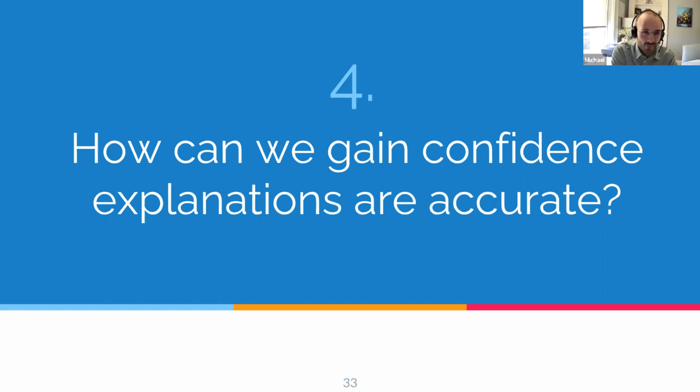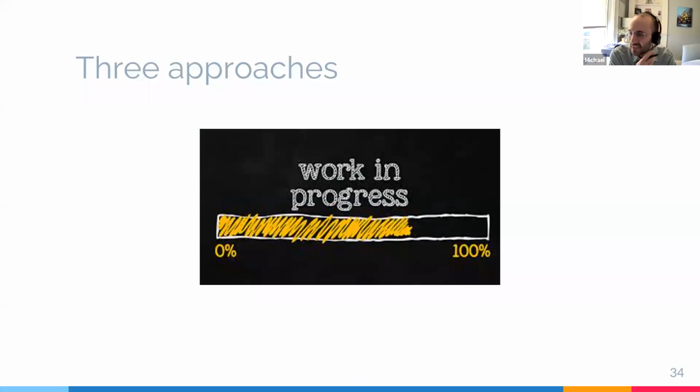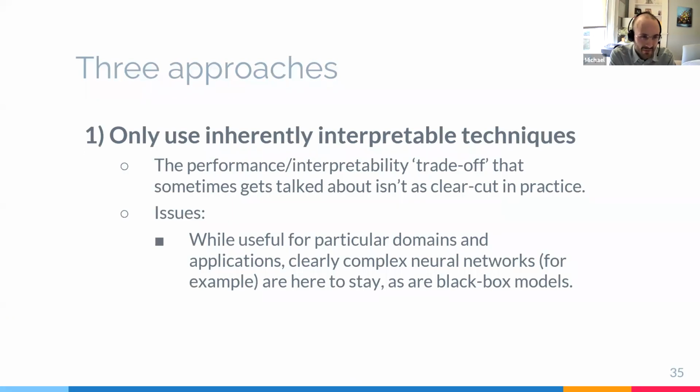This is really short because it's a work in progress. This is what I'm planning to look at, and there are a couple of different techniques. There's an argument that we should be moving towards more inherently interpretable techniques.